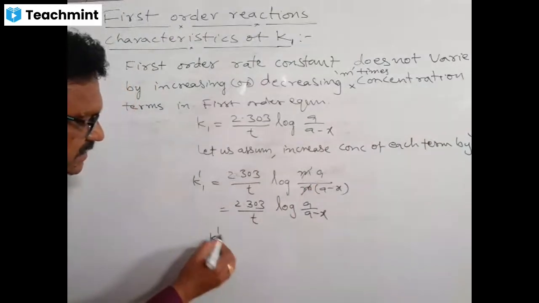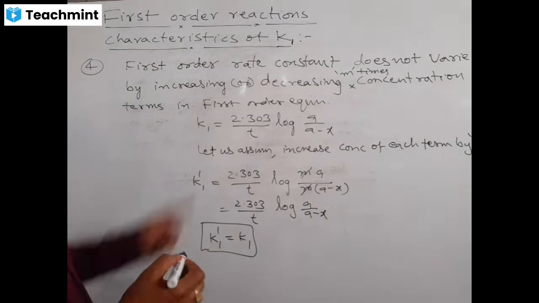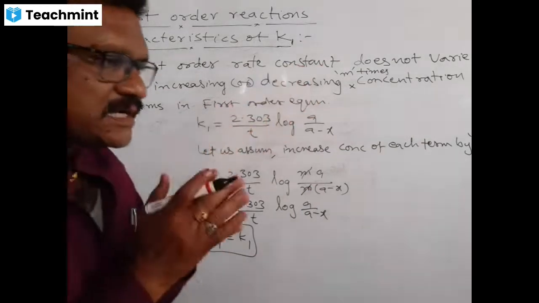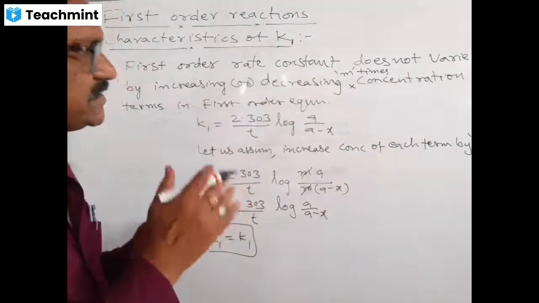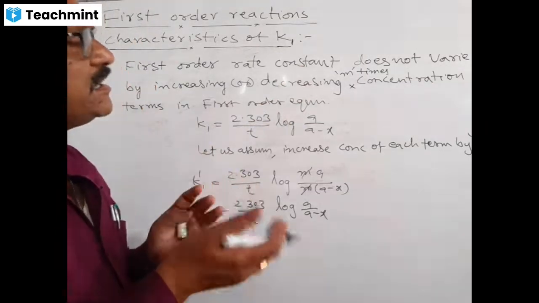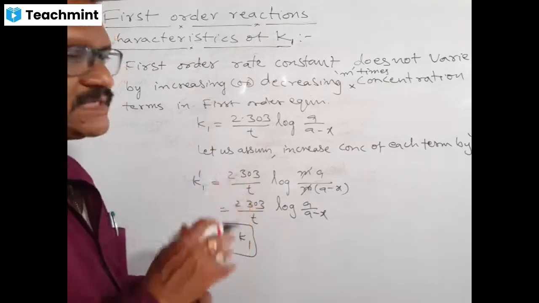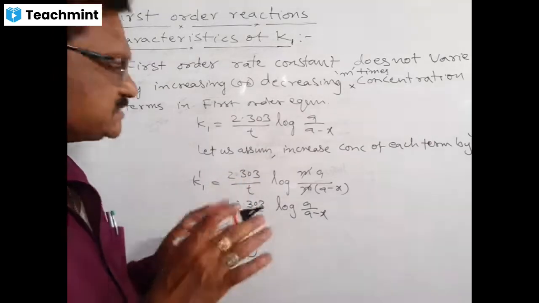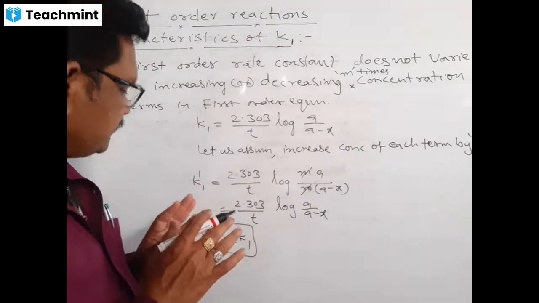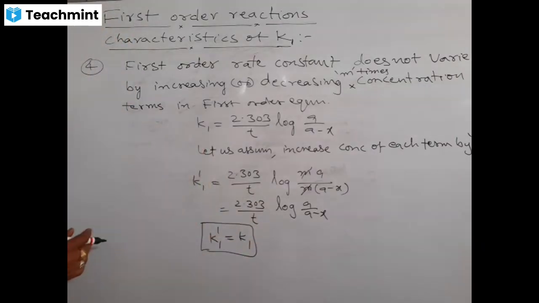So here K1 dash is equal to K1. From this what can we understand? Rate constant does not alter when you increase concentration m times or decrease m times each concentration term in the first order equation. This is the information we understood from this equation. Please copy this down.